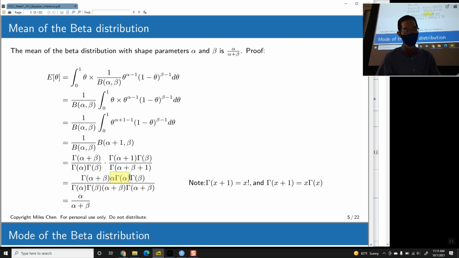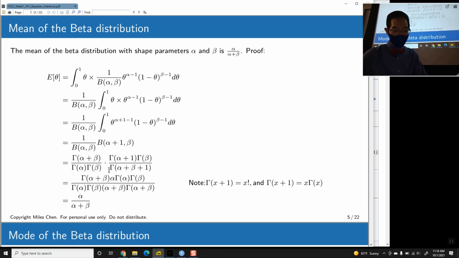I feel like I'm talking about sororities and fraternities or something here. But so we've got gamma alpha plus beta, alpha gamma beta, and we can divide out. Gamma alpha cancels out, gamma beta cancels gamma beta, and we've got gamma alpha plus beta.